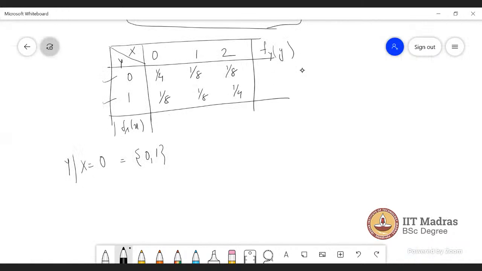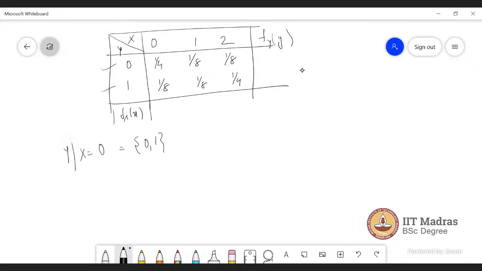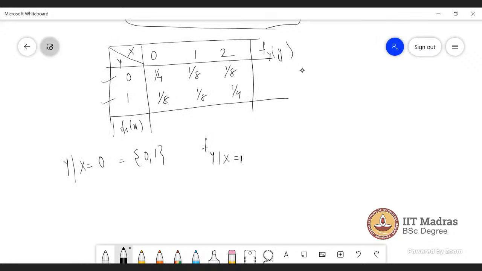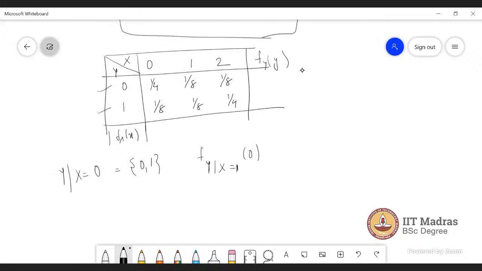Similarly, given x equals 1, y will take the value 0, 1. Same for 2. Now, if you have to find fy of y given x equals, let's say 1, y is taking the value 0. So what we can write here is the probability that x is taking the value 1, y is taking the value 0, divided by the probability that x equals 1.